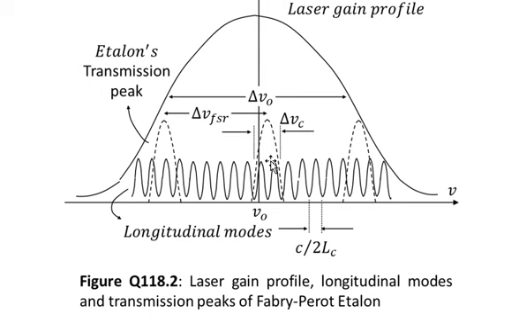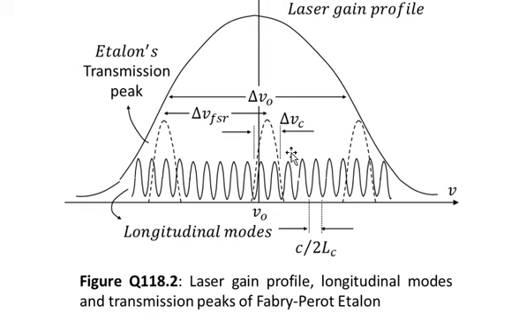So suppose that one mode, the central longitudinal mode, is aligned with the transmission peak of the Etalon. Then what about nu plus 1 and nu minus 1?